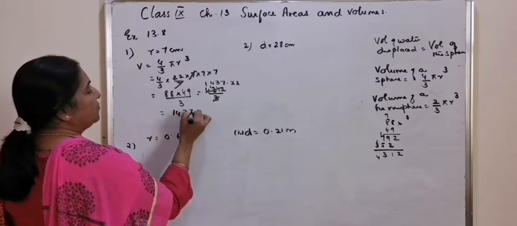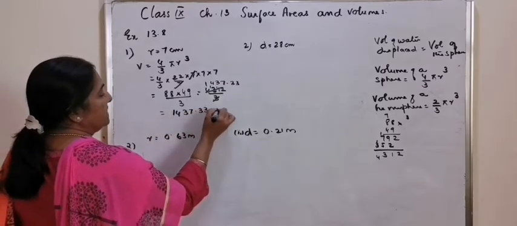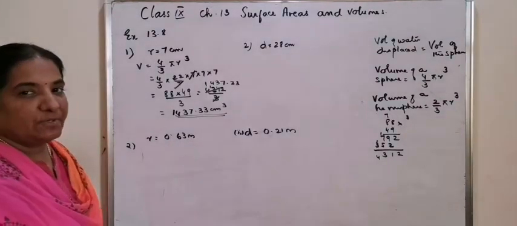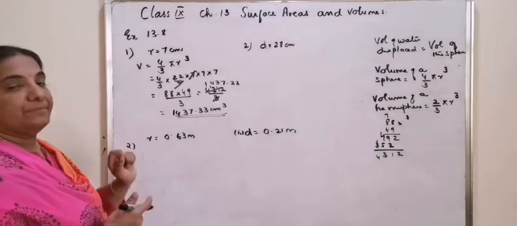Volume is 1437.33 centimeter cube. In all the problems, it's only the multiplication and division by 3.